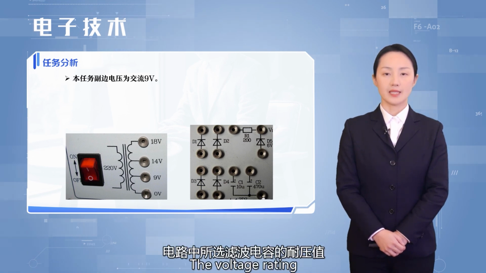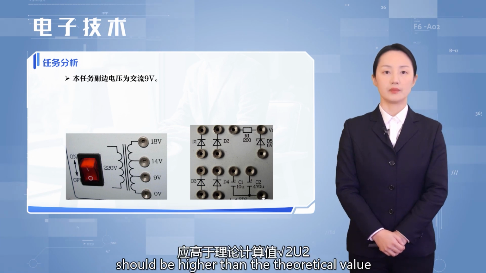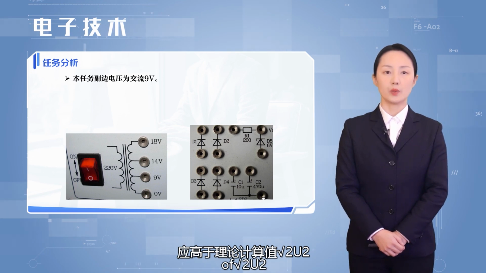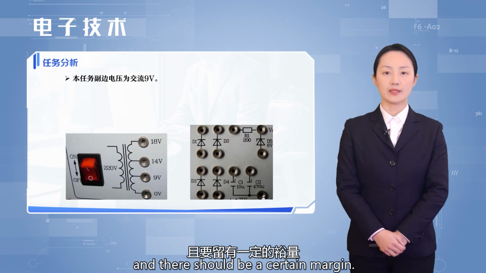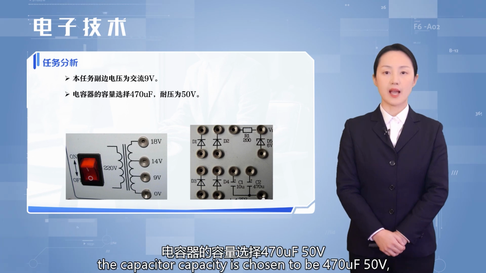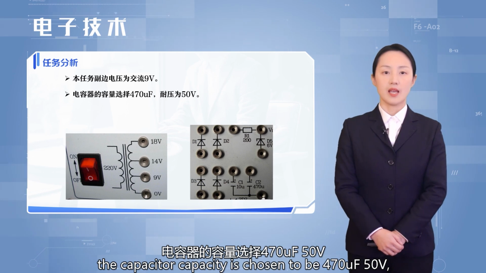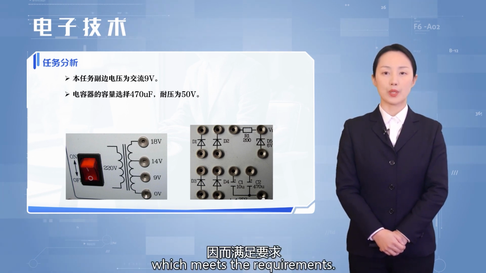The voltage rating of the selected filter capacitor in the circuit should be higher than the theoretical value of square root of 2 U2, that is 9 square root of 2 volts, and there should be a certain margin. In this task, the capacitor is chosen to be 470 uF 50 volts, which meets the requirement.